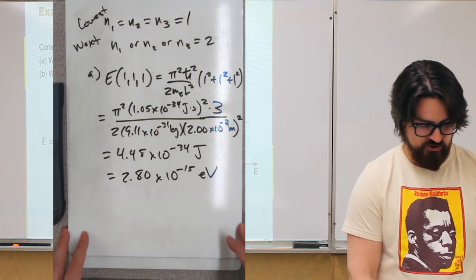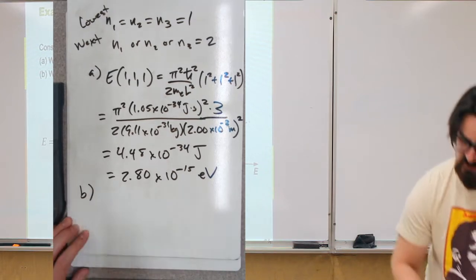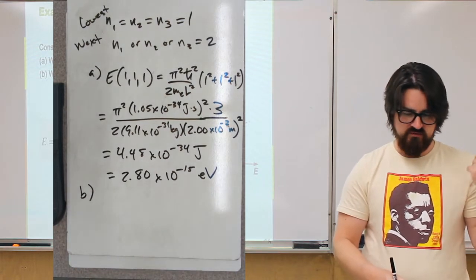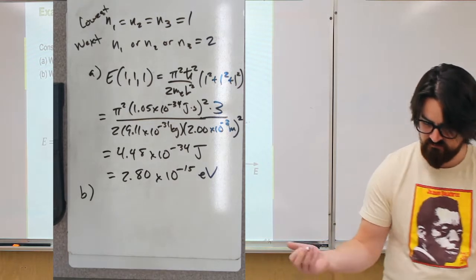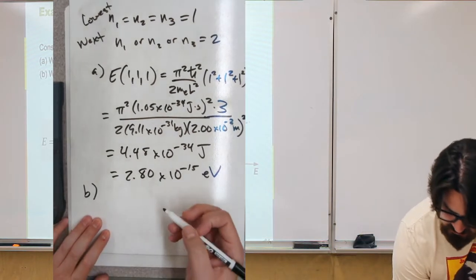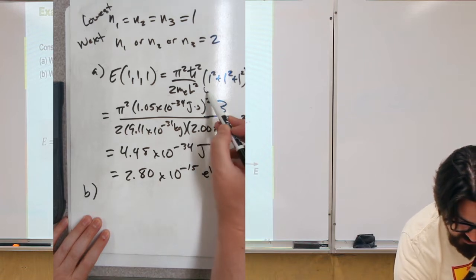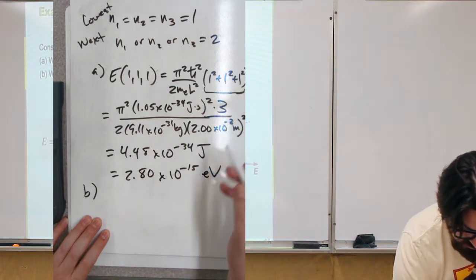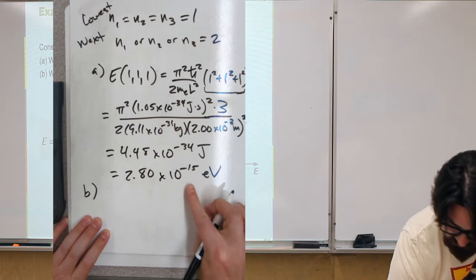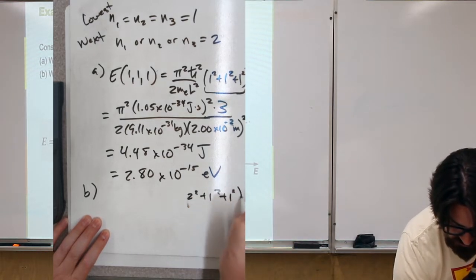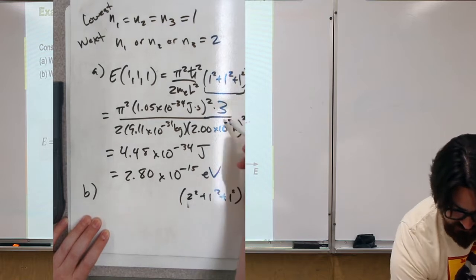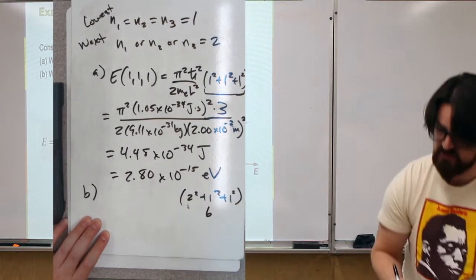Right. So then in B, what's the energy difference between this state and the next state up? Well, we can go about it a number of different ways, but really what it comes down to is that this factor is changing to be, say, 2 squared plus 1 squared plus 1 squared. So instead of being 3, this factor ends up being 6.